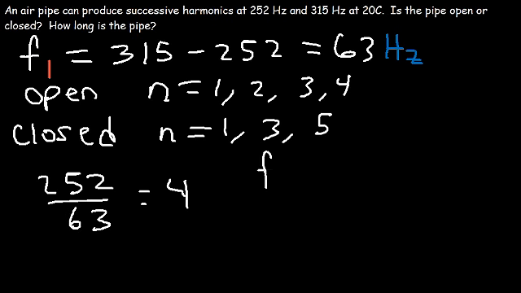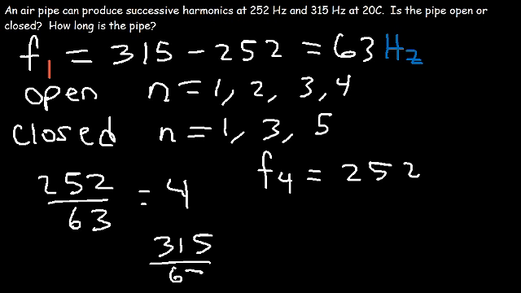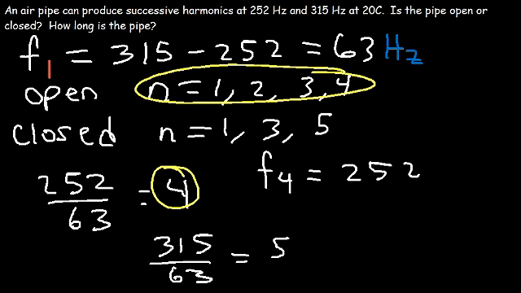So that tells us that f4 is 252. That's the fourth harmonic. If we take 315 and divide it by 63, we're going to get 5. I take it back. I meant to say it's open at both ends, because 252 is the fourth harmonic, an even value. We have an open pipe, not a closed pipe.